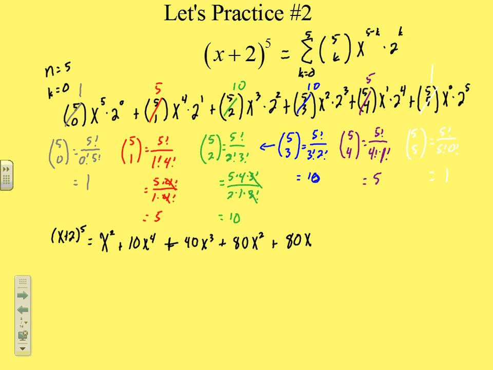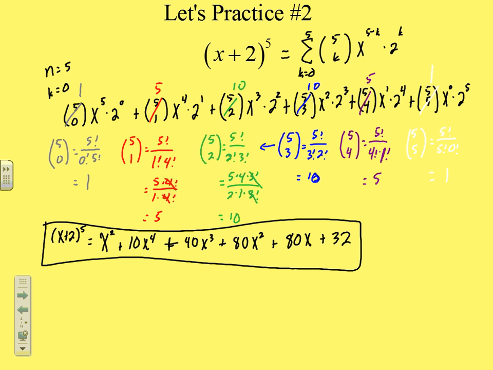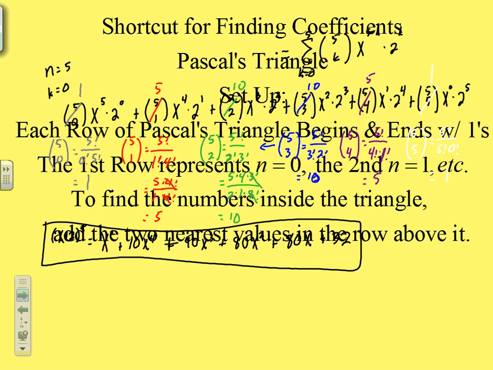And then 2 to the 5th power times 1. Well, 2 to the 5th power is just 32. And x to the 0 power is 1, so the final term that we have is just 32. And that is the entire expanded thing. That would be our solution as an expanded polynomial, or as an expanded binomial.